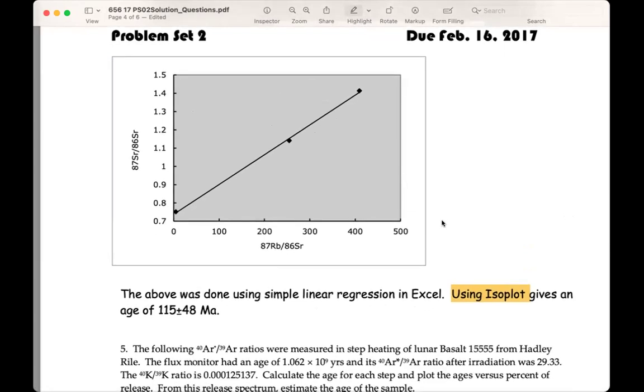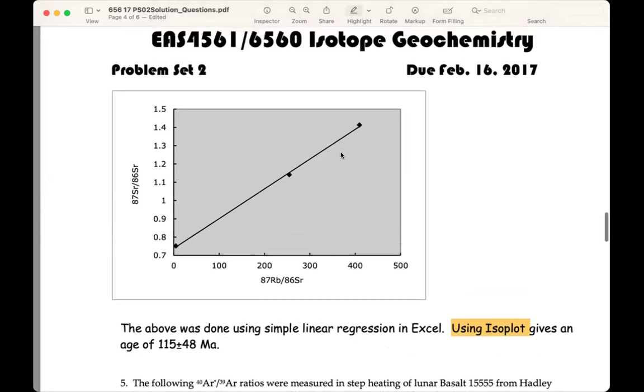Okay, so this is what I was telling, that if it is good data, ideally you must have a good fit, right? Here it's not a very good fit, but still you have some points very closely located. And why I asked you to take the gradient from the line is because these points are not really plotting on the isochron itself, right?